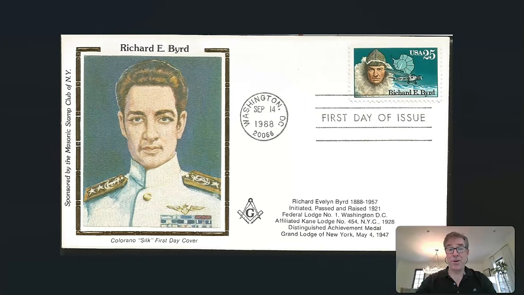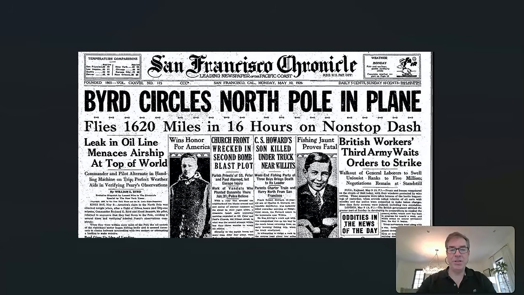And Admiral Byrd was also a Freemason, and we talked about that a lot during this season of deception. But this shows the San Francisco Chronicle in May of 1926. Byrd circles North Pole in a plane, 1,620 miles on a nonstop dash.